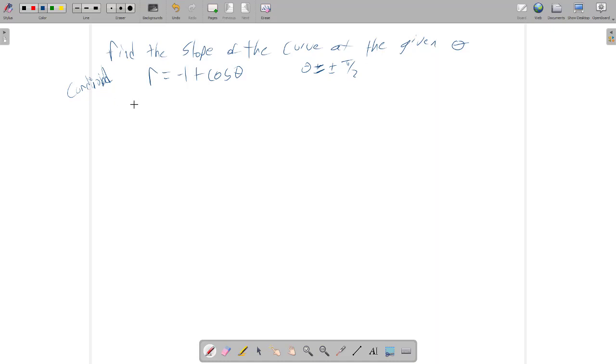Alright, so if we're going to calculate dy/dx, we already saw that was dy/dθ over dx/dθ, which came out to be r prime sine theta plus r cosine theta over r prime cosine theta minus r sine theta.